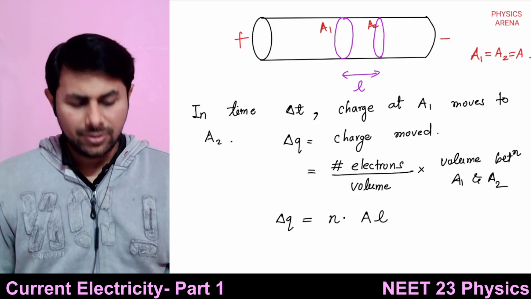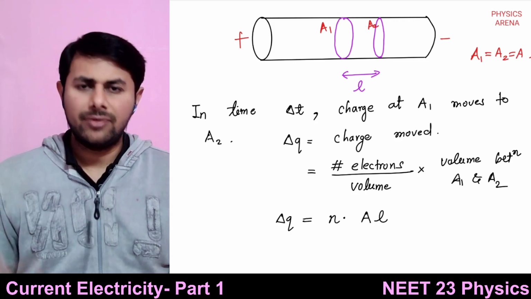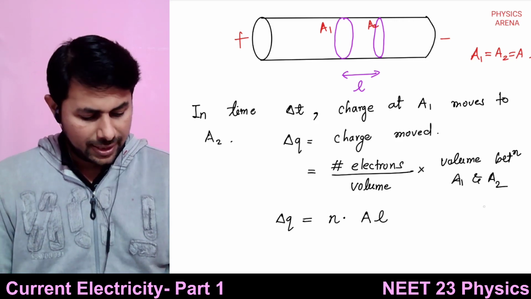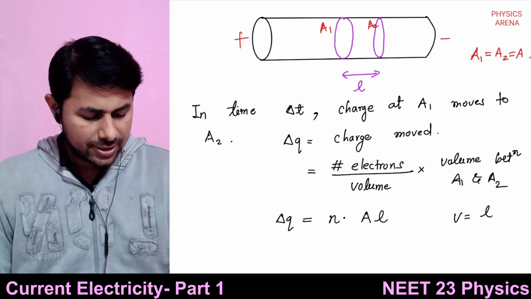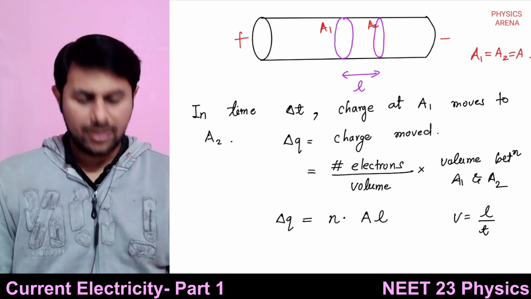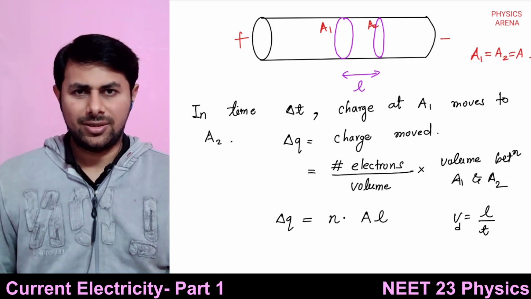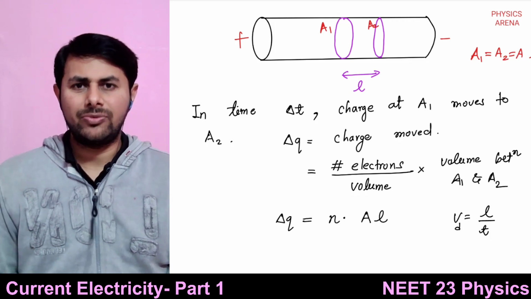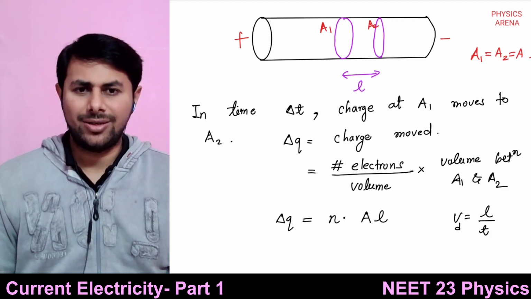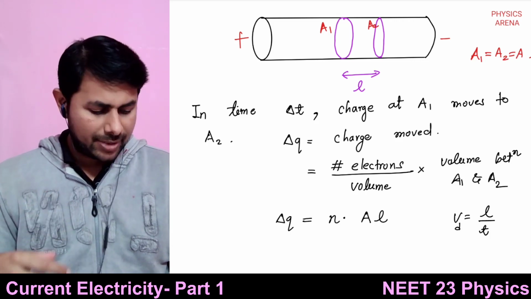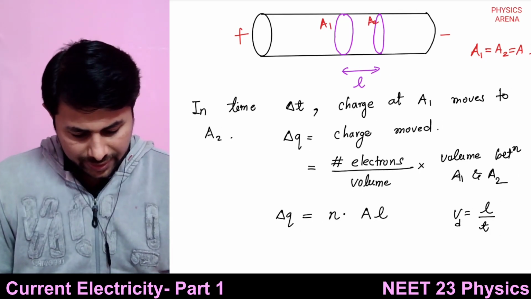And how much would be the length? Velocity is equal to distance covered divided by time taken. And what velocity would this be? This is the drift velocity, the average velocity of electrons inside the material. So Vd is equal to distance covered upon time taken. Time was delta t.